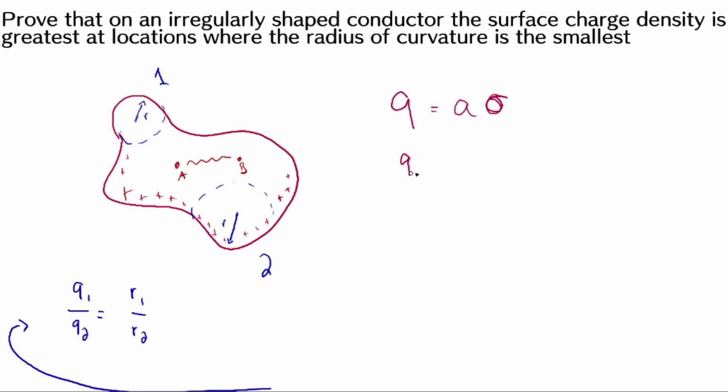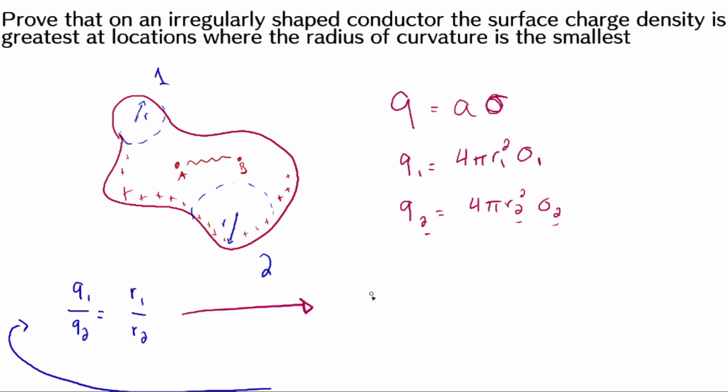So Q1 is going to be equal to the area of its sphere, 4 pi r1 squared, times sigma 1, its surface charge density. Then Q2 is equal to 4 pi r2 squared sigma 2. It's important to add your little numbers down here so you don't forget what belongs to what.